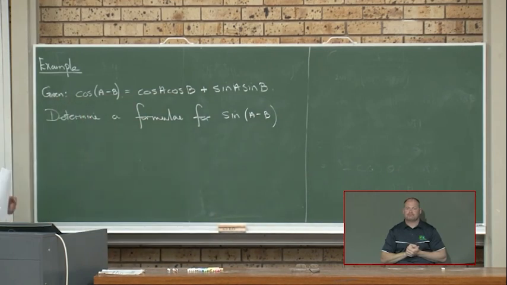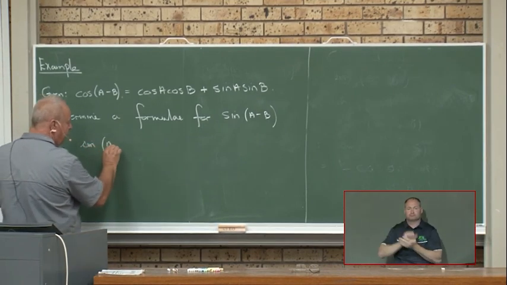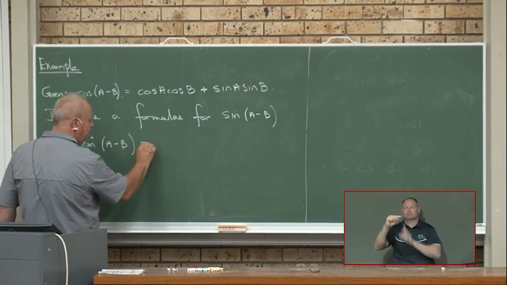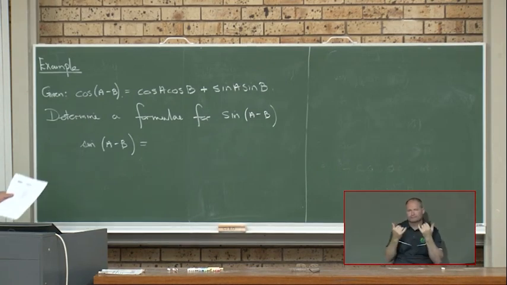Right, please take note of this. Right, people, here we can say that the sine of A minus B. Now put down your pens and just listen, and once you understand it properly, you may copy it. But please, you cannot multitask. Right, let's quickly have a look at the following.